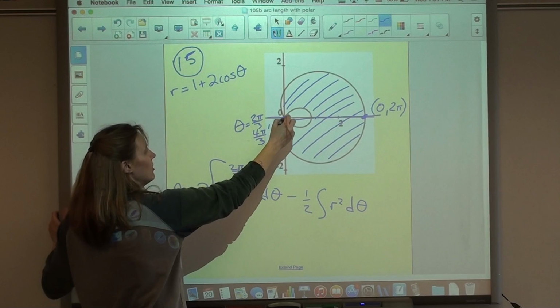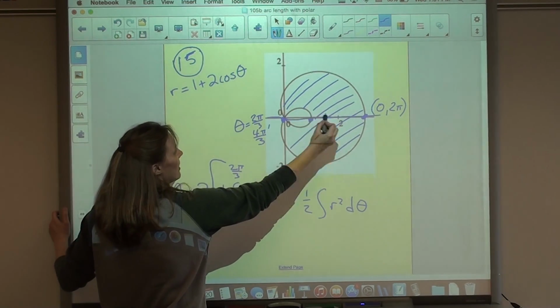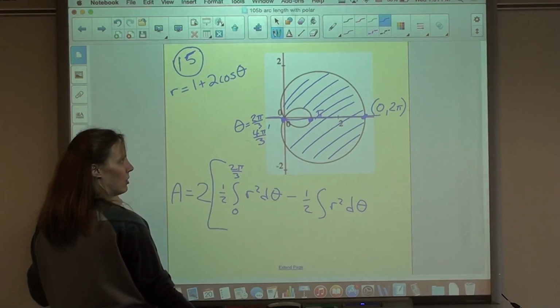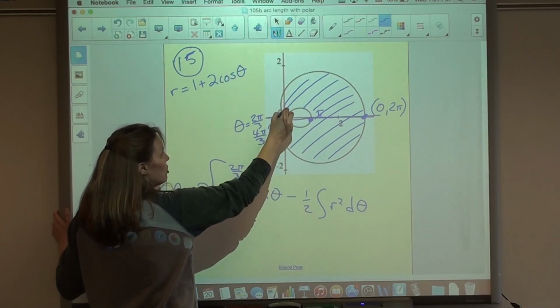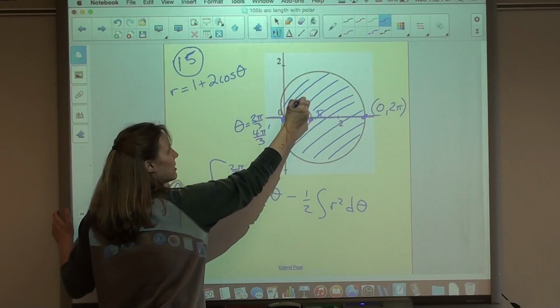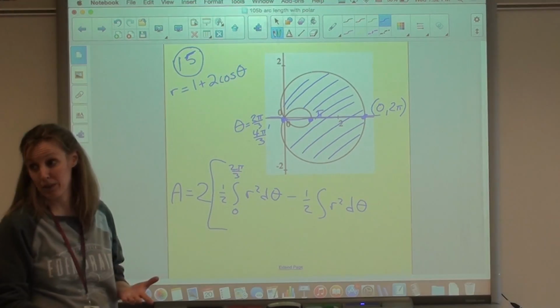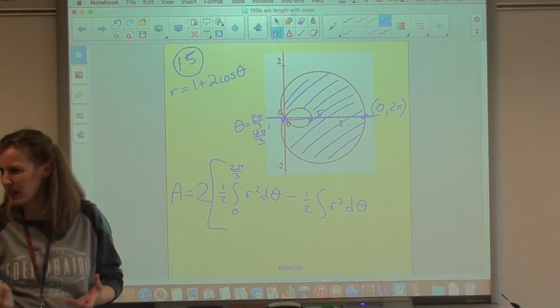Okay, so to get a little half loop, we figured out in the last problem that this point was pi, that angle. So I can either go 2 pi thirds to pi, or pi to 4 pi thirds. Either way, it doesn't matter. Numerically, you're gonna get the same value. Does that make sense?